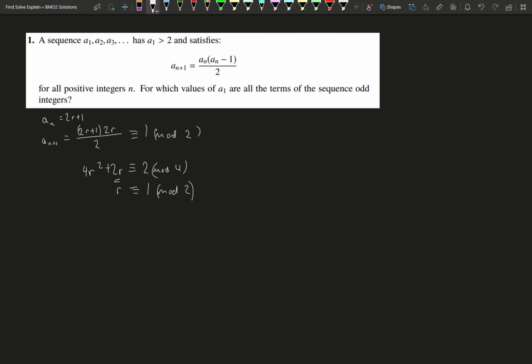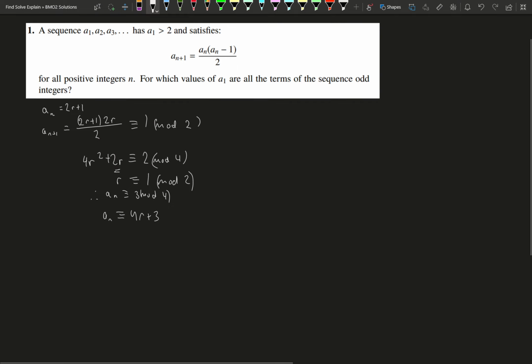Therefore An must be congruent to 3 mod 4. Now let An be 4r plus 3. This is not the same r, but I'm just going to keep r.